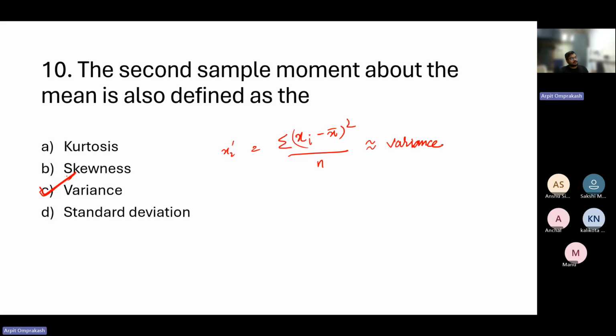And the rest of the things are defined differently. So standard deviation is the square root of the variance. Skewness is given as M3 divided by M2 raised to the power 3/2.